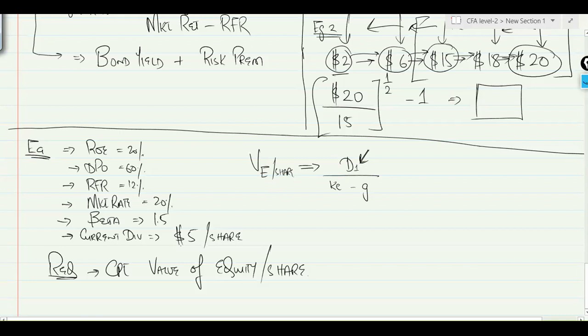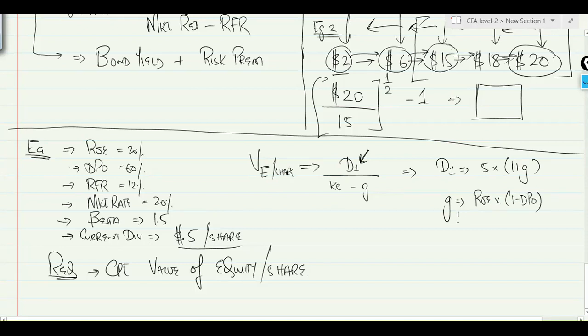Here I've been given per share value, so directly I'll get equity value per share. So let's solve for the variables. D1 is equal to current dividend, which is 5, into 1 plus G. I don't have G right now. I need to compute G for that.